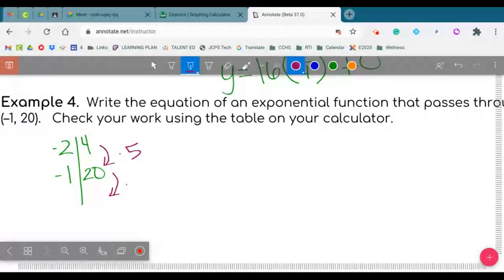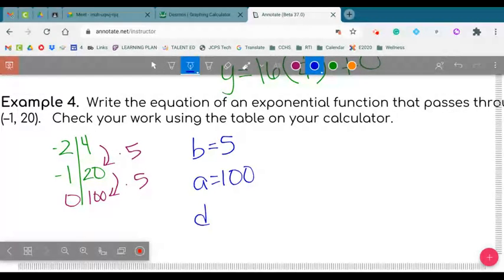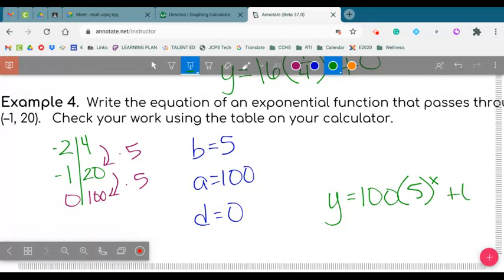So I get to multiply by 5 again, and I'm going to get a big number, which is 100. So my b is 5 because that's my common ratio. My a is 100 because that's my y-intercept, and my d is 0. So I'm going to get y equals 100 times 5 to the x plus 0.